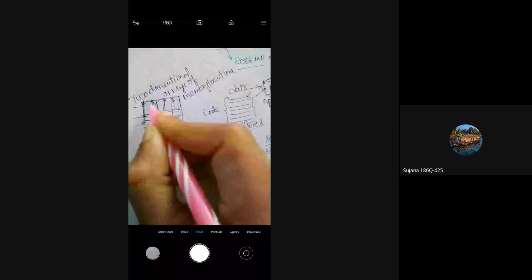We have different memory locations here in a row. This is called an array of memory locations, this is another array of memory locations, and this is one array of memory locations. So these are all two-dimensional; we are not considering it as a three-dimensional location. Whatever semiconductor memories we have are all organized as two-dimensional arrays of memory locations.